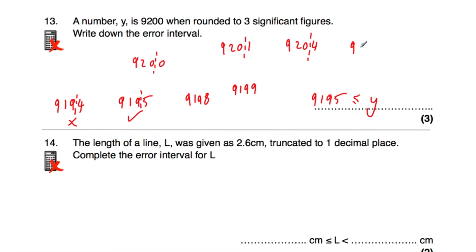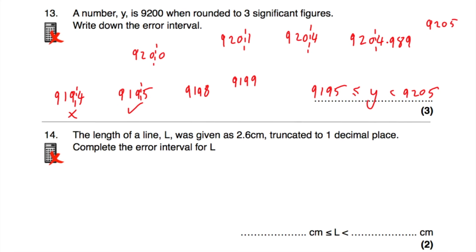It could even be 9,204.989, because if we round this to 3 significant figures, and we look at the 4th significant figure, which is a 4, that rounds down. So again, rounded to 3 significant figures, that would be 9,200. And it could be anything up to, but not including 9,205. That would be the upper bound. So that means that the value for y would be anything that is bigger than or equal to 9,195, but less than 9,205. And that's it. That's our error interval.